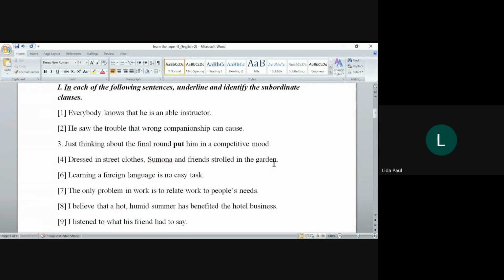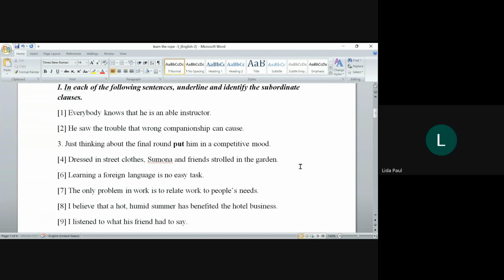Fourth one. Dressed in street clothes, Simona and friends strolled in the garden. Which part of this is a subordinate clause? Dressed in street clothes.